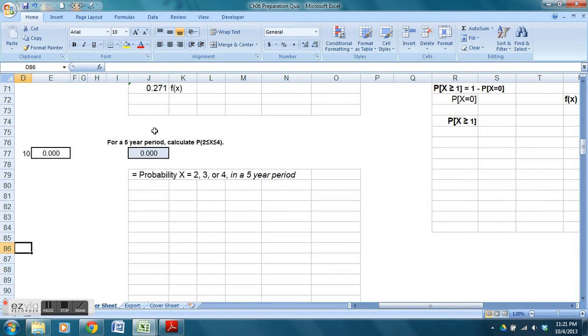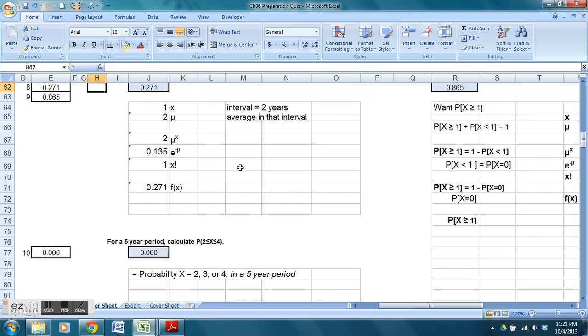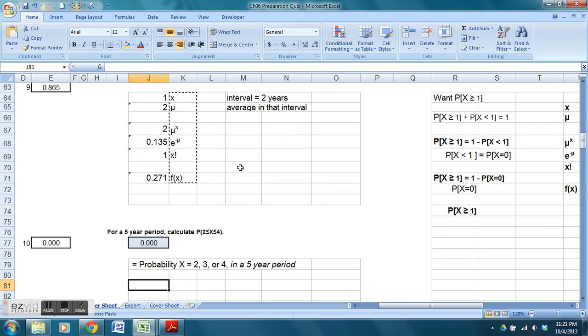Now here we go. For a 5-year period, calculate out the probability that x is going to be greater than or equal to 2, less than or equal to 4. Easiest way to do this, in my humble opinion, is make our calculator.